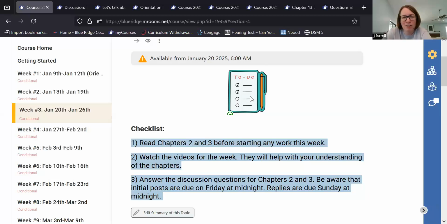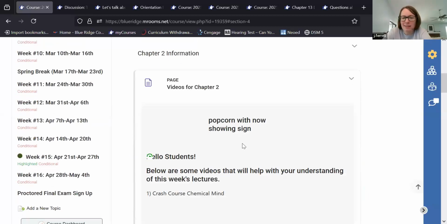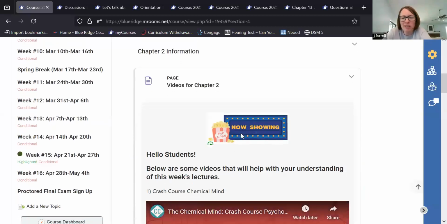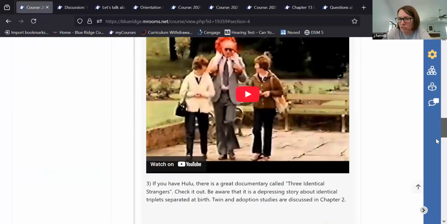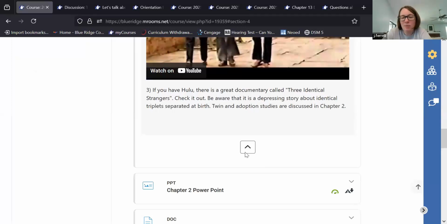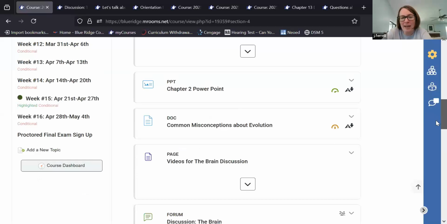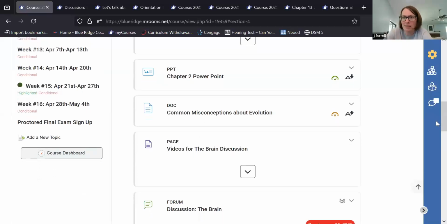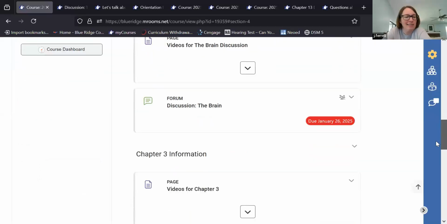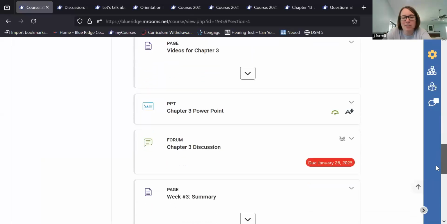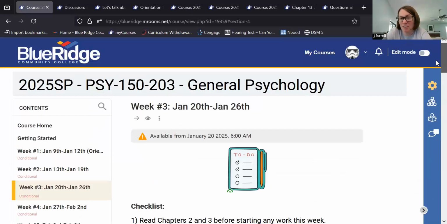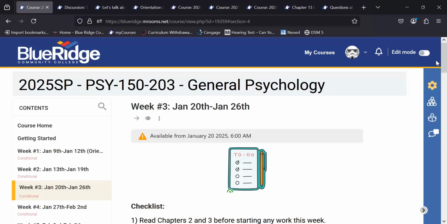Every to-do list looks like this, and every videos page has the little popcorn and now showing. So it's really easy to make it ADA compliant because it's not an overwhelming amount of images everywhere. It still makes it look cute without you having to do repeated alt text on the back end. I tend to use the same images across all my classes too, because it's really convenient. Yeah, the cheerleader. That's cute.